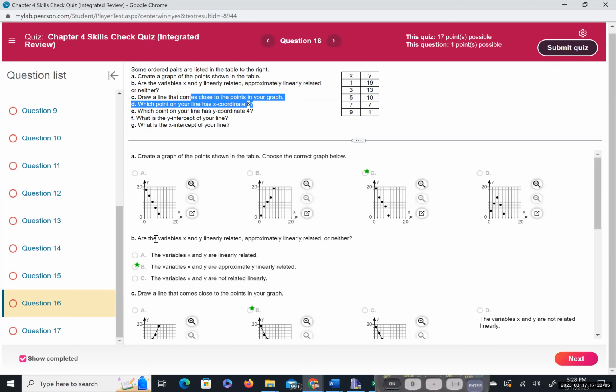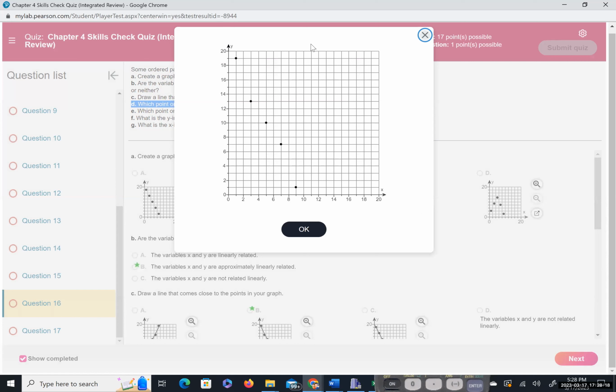And B, are the variables X and Y linearly related, approximately linearly related, or neither? As you can see here, look at this one. If you try to draw a line that goes through this, it looks kind of like a line, right?